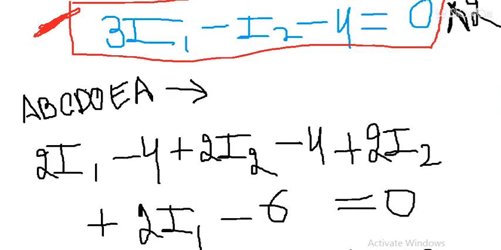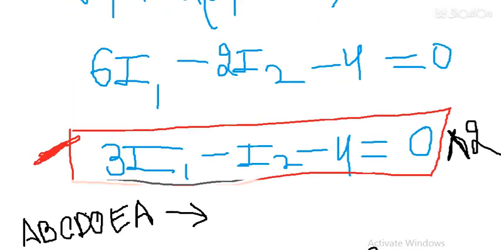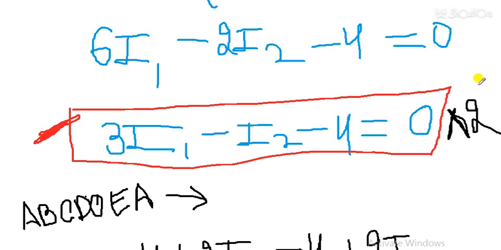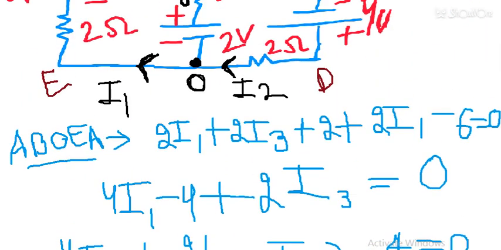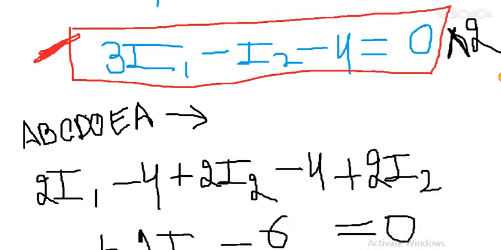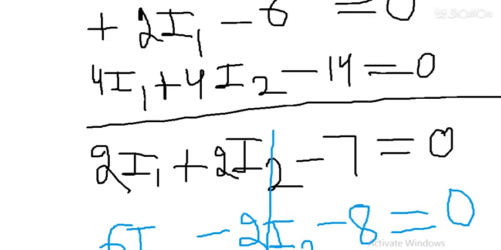So what I will do, I will put I1 value in any equation. So answer was 15 by 8. So putting here 3I1, that means 3 into 15 by 8.